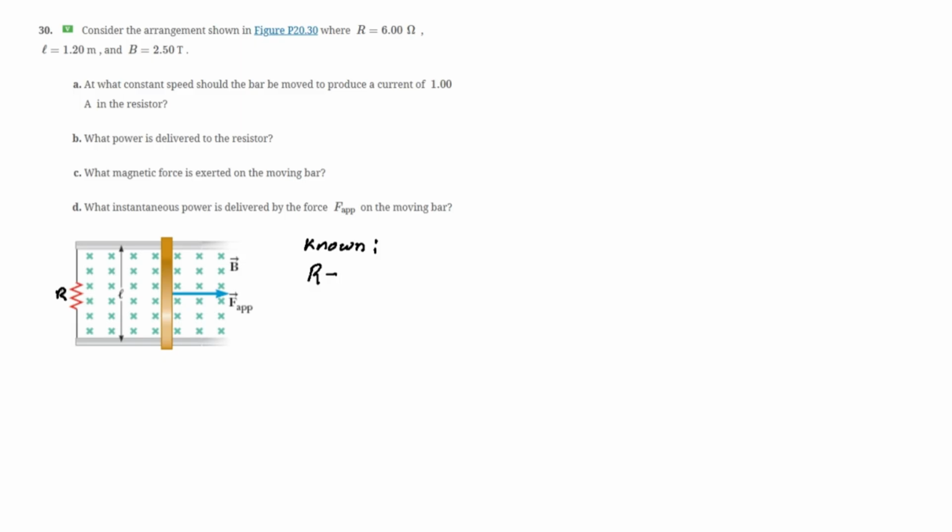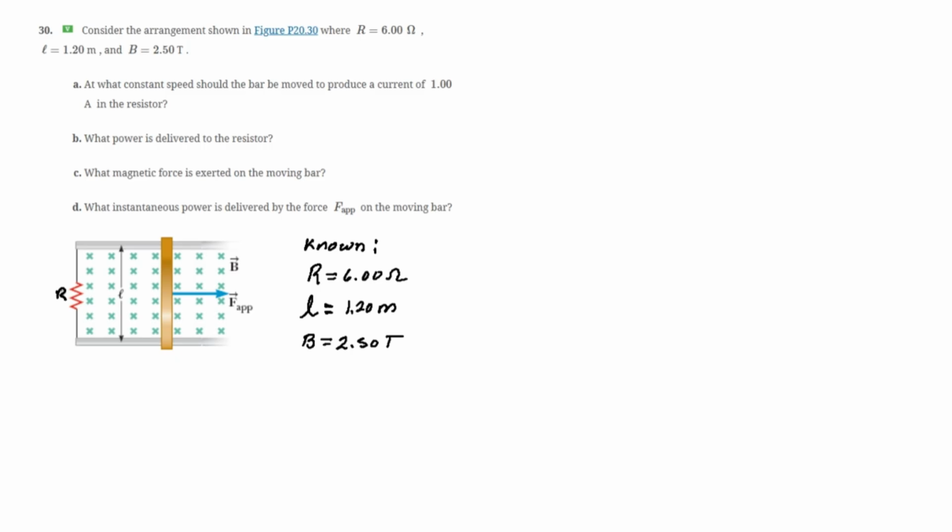We have the length of this metallic bar that is moving due to the applied force, and it causes a change in the magnetic flux, which is 1.20 meters. We have a magnetic field with intensity 2.50 Tesla, and we want to produce a current of 1 ampere in that resistor.